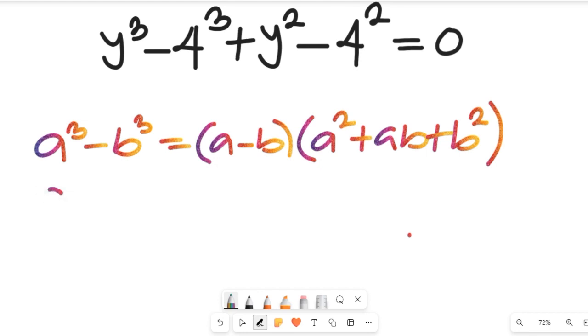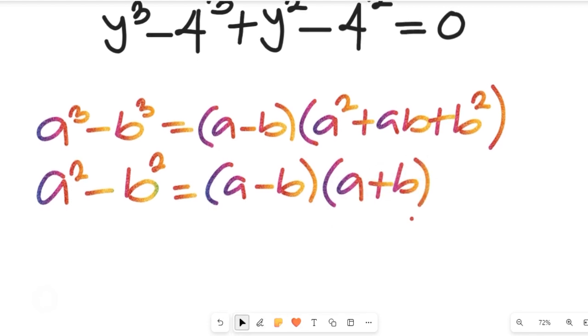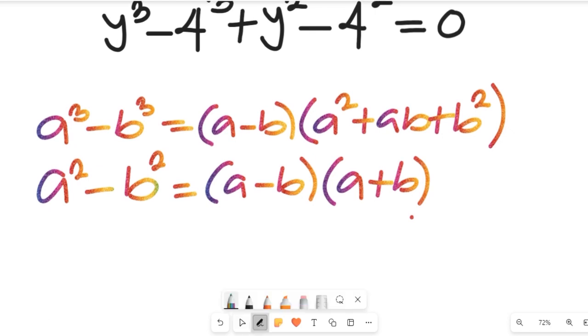Good. And then if we have a square minus b square, this can be equal to a minus b, and then we'll have a plus b. Great. Now having these two algebraic formulas, I want you to note that a from our expression can be equal to y, and then b is equal to 4.